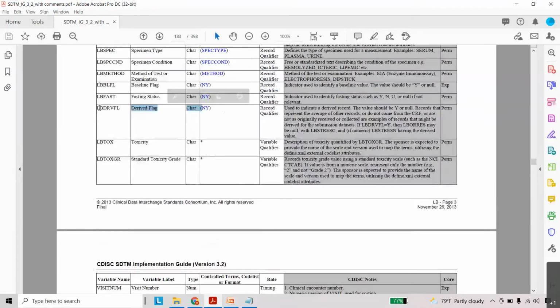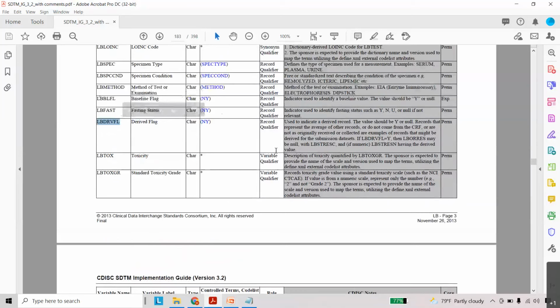This value will be populated when the original result is not from a simple method and requires some derivation, and then we will see LBDRVFL is equal to Y. Also, when LBDRVFL is populated, the original result is missing and only the standard result will be populated. It is a very important interview question.